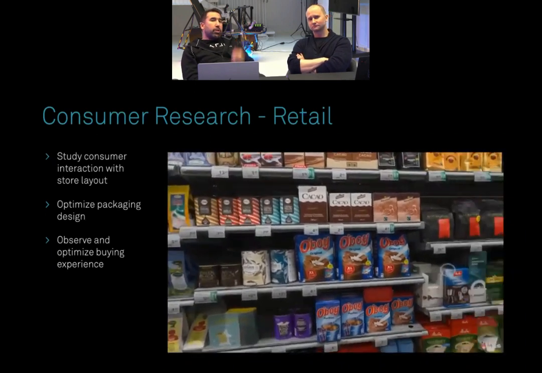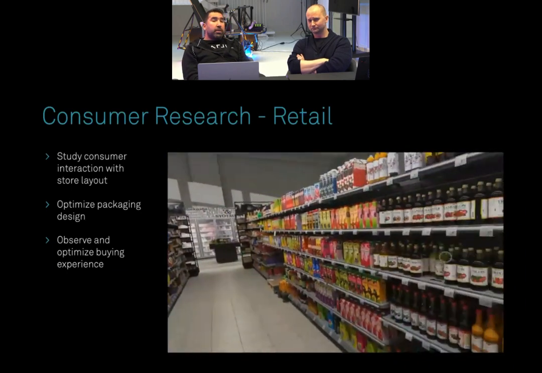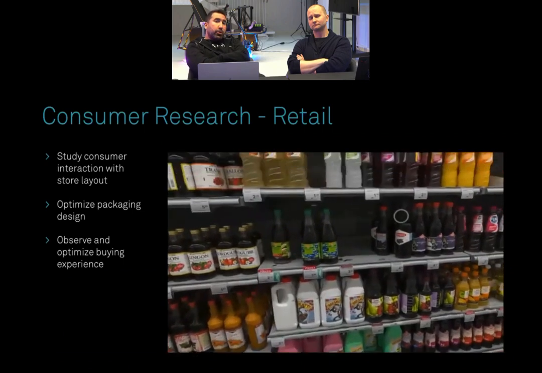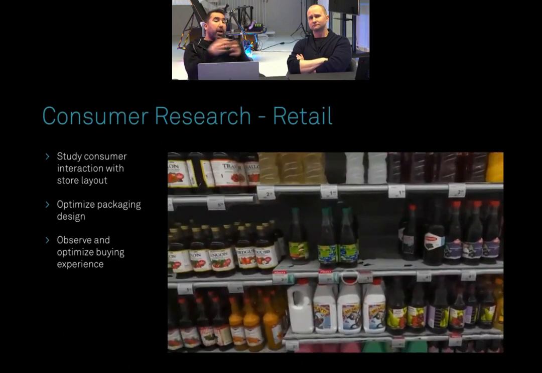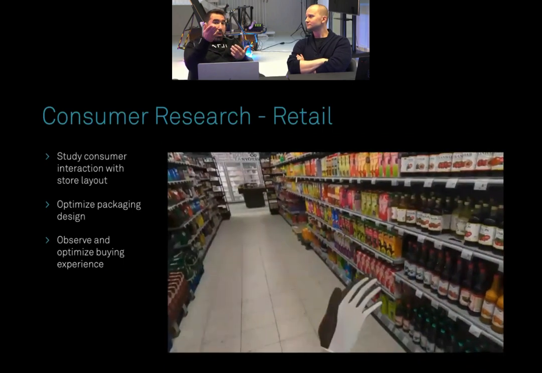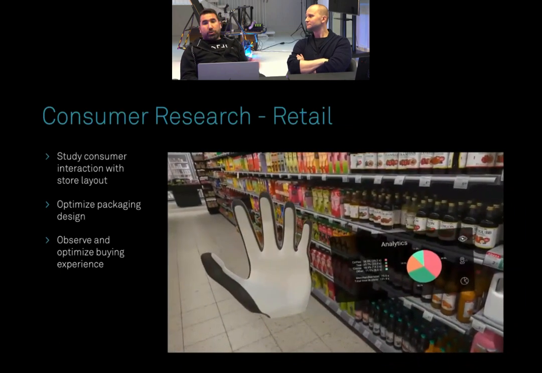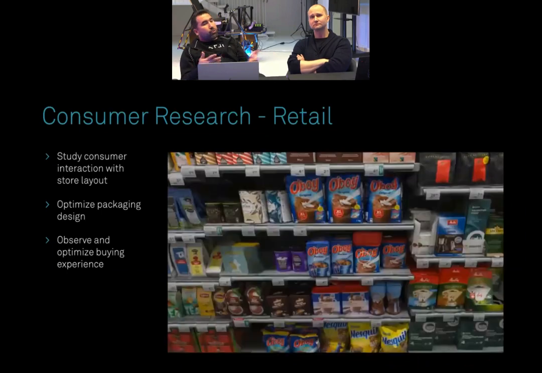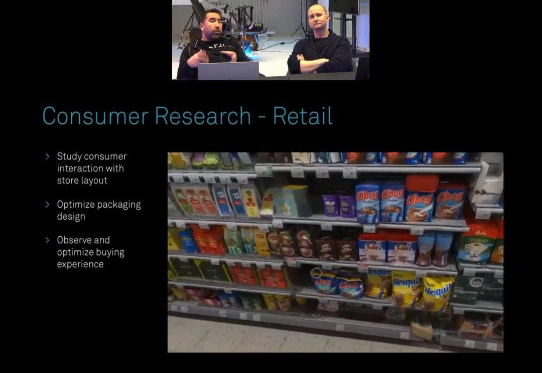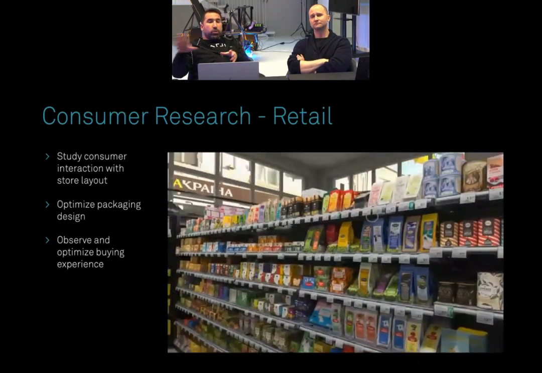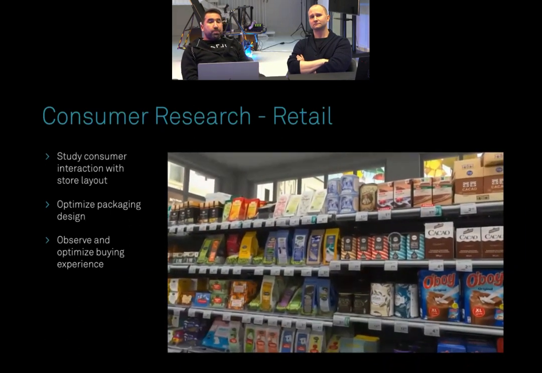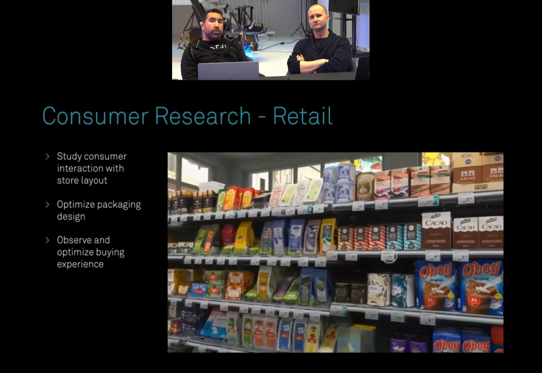This way, you can optimize the packaging design, or observe and optimize the whole buying experience, whether in a supermarket or in a showroom. For example, think that you have a car showroom and a couple of different layouts which you want to study, to see how users would respond to different locations and orientations in the showroom. That would be one use case.